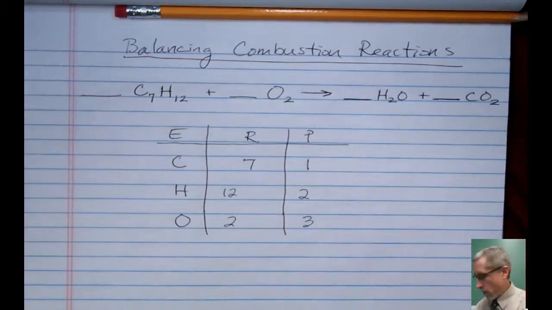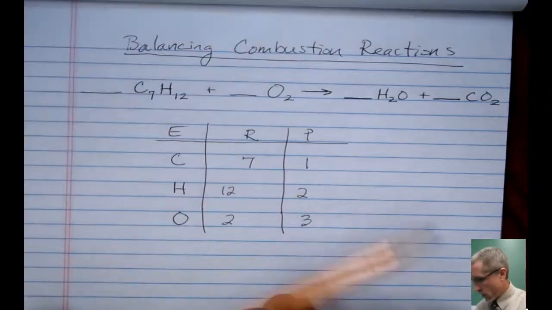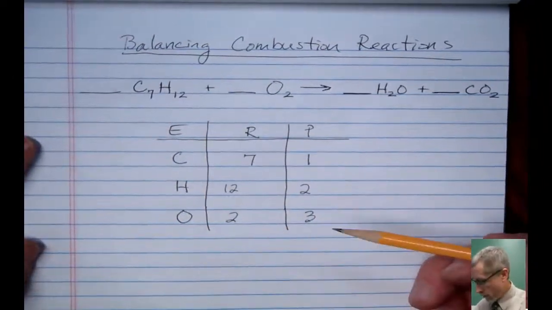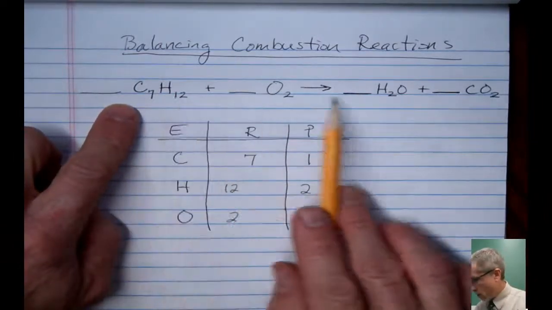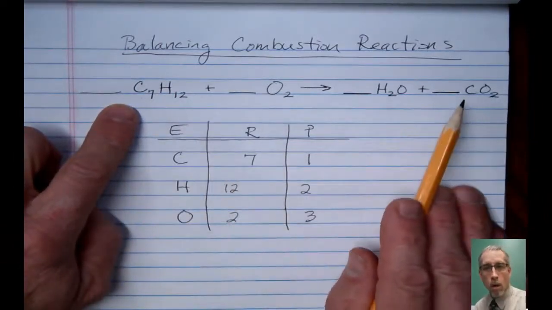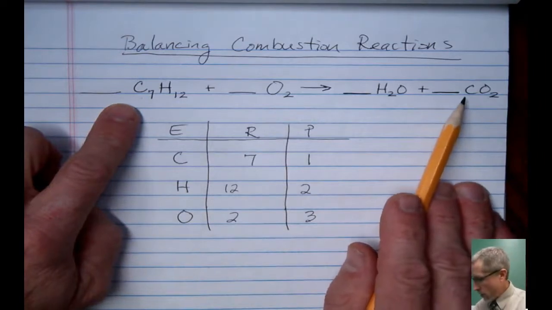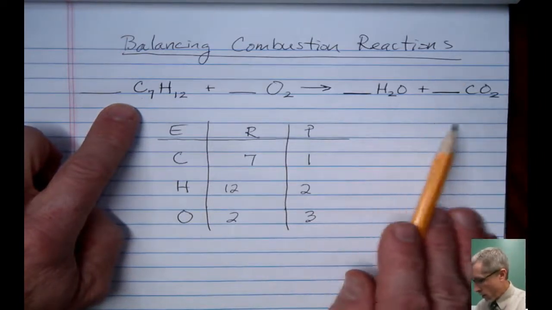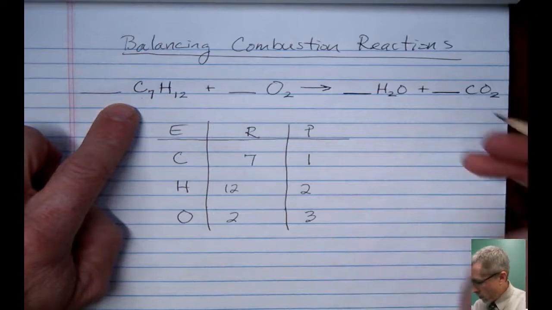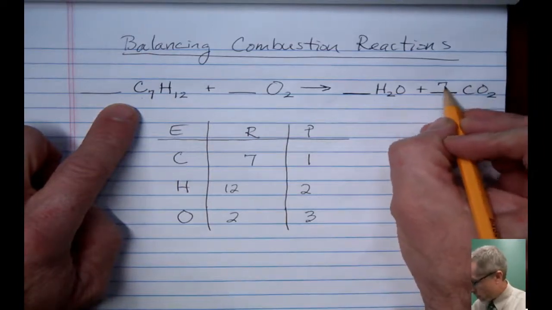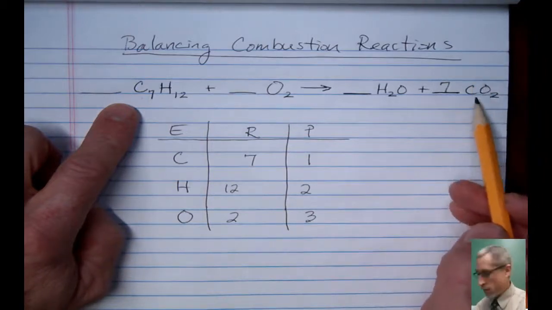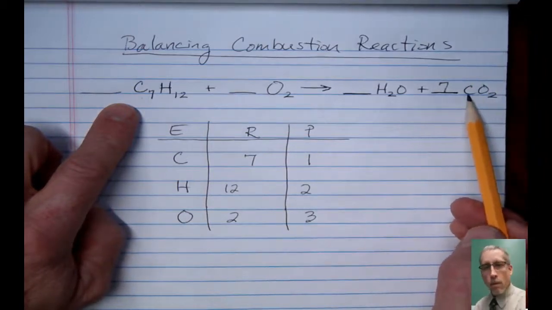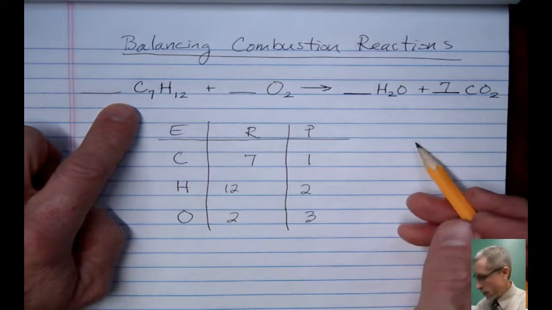So let's look and see where we need to add some coefficients to increase this. Now I'm changing to my pencil. So obviously with 7 carbons on this side, but only 1 over here, we're going to need more carbons. So how do we make 7 carbons show up on the product side? Well, if we just put a coefficient of 7 in here, that means I've got 7 of all these molecules, each one having a carbon and 2 oxygens.